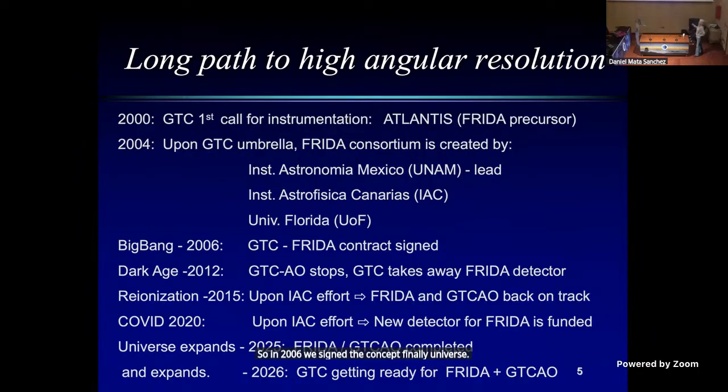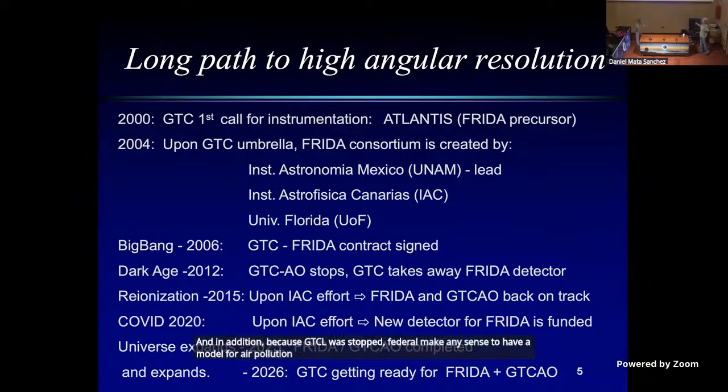Okay, and so GTC's funding for the development of GTCAO was stopped in 2012, and because GTCAO was stopped, FRIDA doesn't make any sense without a module for correction. The detector was also taken away from us. It was bought by the GTC.